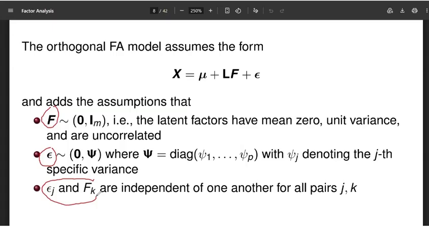Independent of each other means none of them should give any statistical information about the other. So this is an assumption because they were unobserved. A model is as good as the assumptions put into the model. What makes a model great is when assumptions hold. So these are the assumptions.